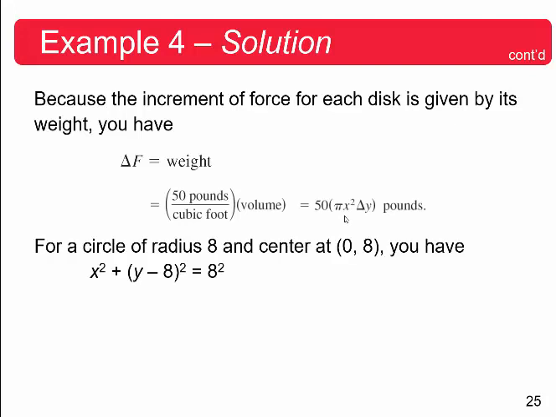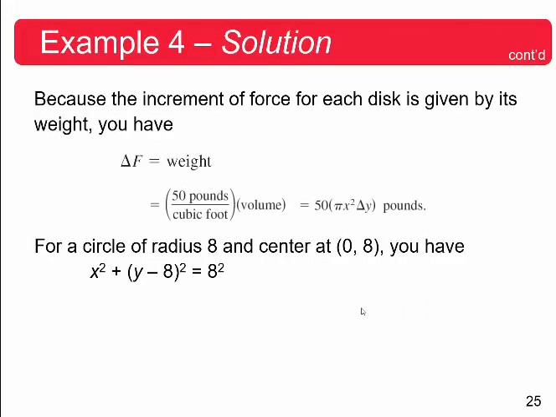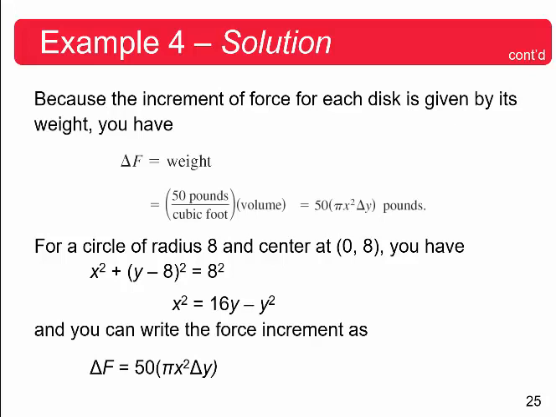For a circle of radius 8 with center (0, 8), we have x squared plus (y minus 8) squared equals 8 squared. When you simplify, x squared equals 16y minus y squared.